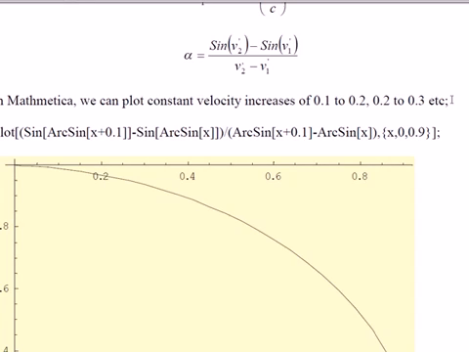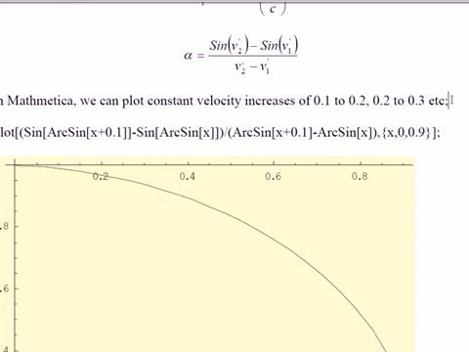Now this maps to the concept in a weak gravity field that you have linear acceleration. If you drop something from height in a weak gravity field, typically the acceleration is linear. Now as you move to higher speeds, the change is nonlinear.